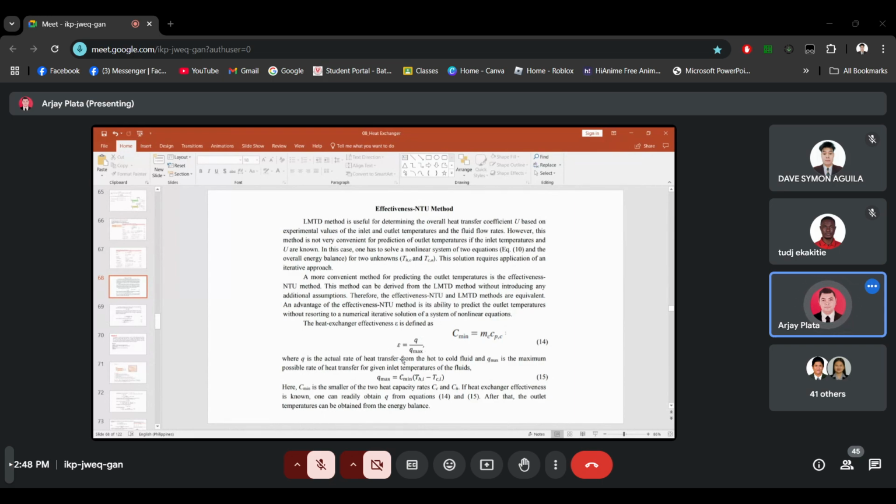This is the effectiveness NTU method. The heat exchanger effectiveness can be defined using this equation. What is Q and what is Q max? Q is the actual rate of heat transfer, while Q max is the maximum possible rate of heat transfer.